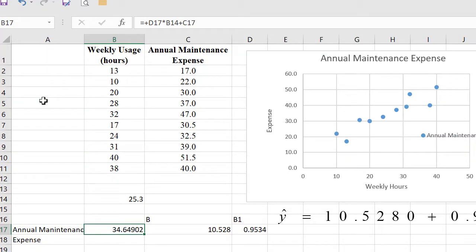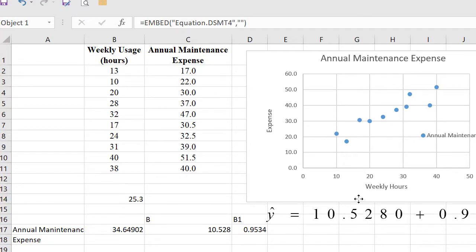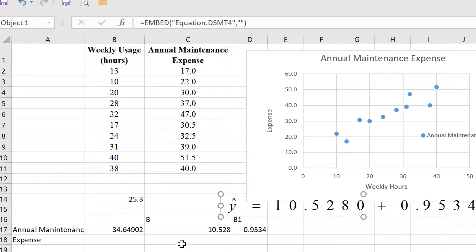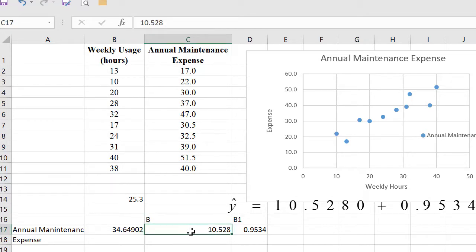Okay, Part E. If the maintenance contract costs $3,000 per year, would you recommend purchasing it? Why or why not? One of the first things you probably have to do here is calculate the average weekly hours, which is 25.3. We know that our model is listed here; I just brought that over from the other page. Beta 0 is 10.528, beta 1 is 9.534. What would be the average maintenance expense we would incur?